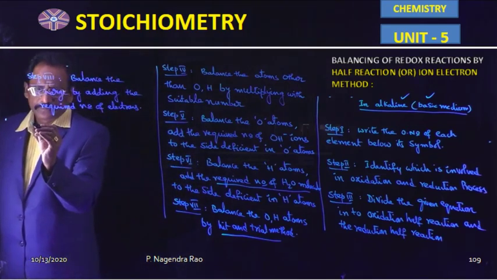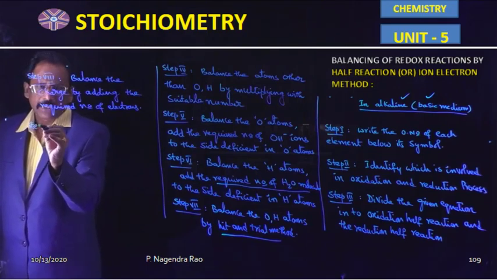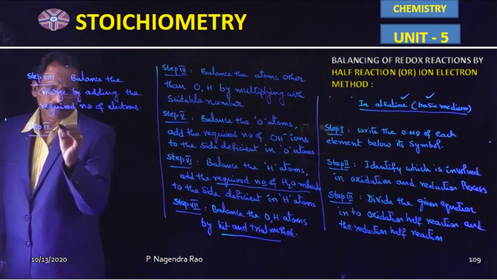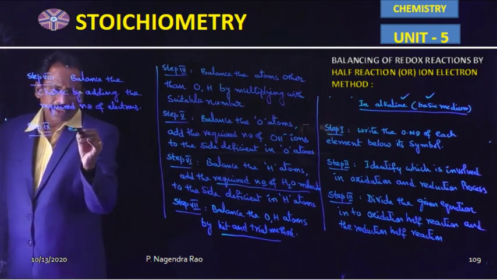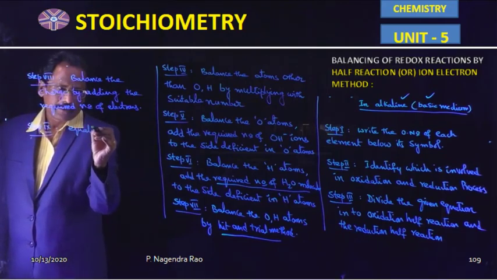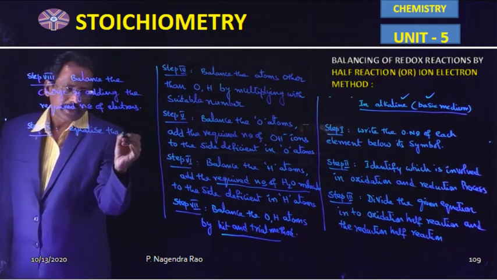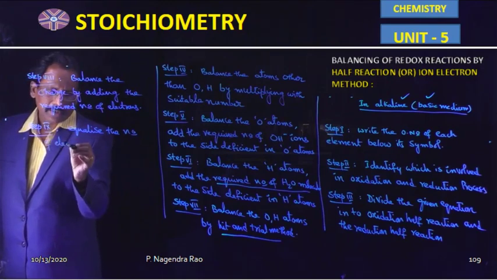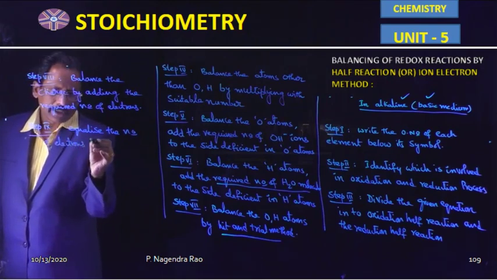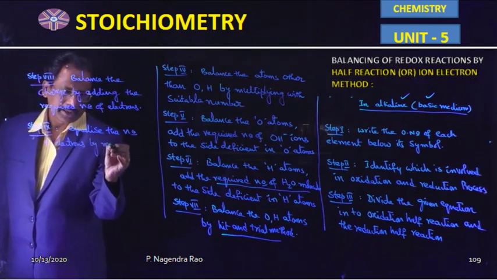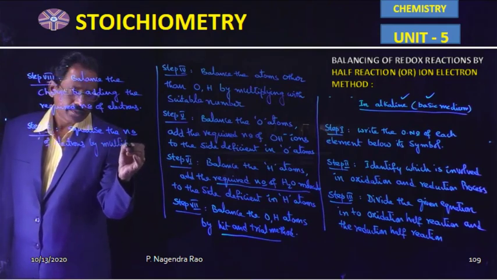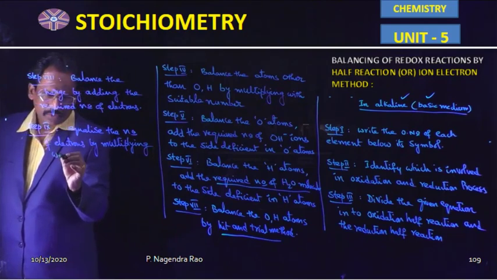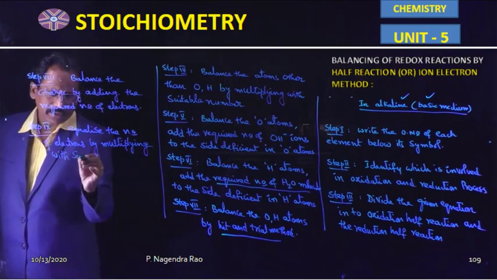Now, the next step is equalize the number of electrons by multiplying with a suitable number.